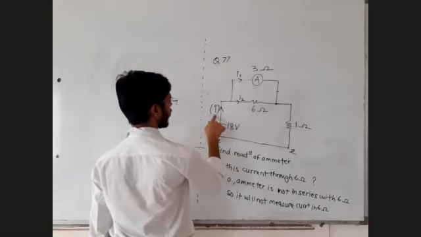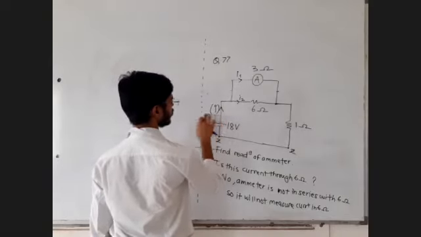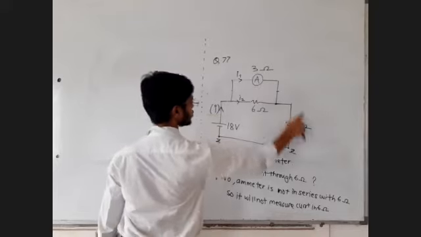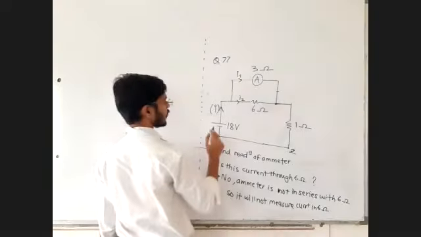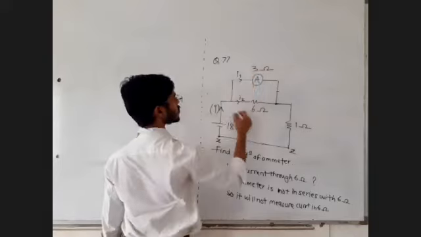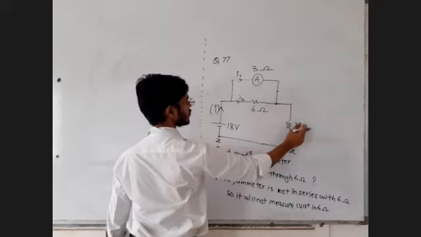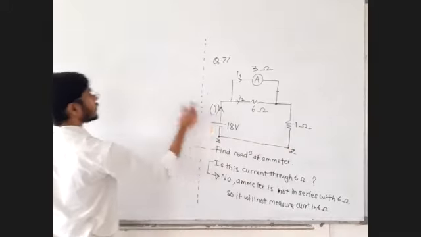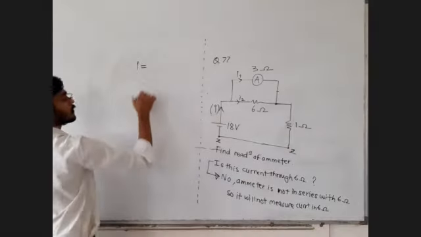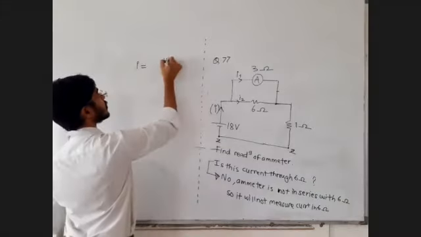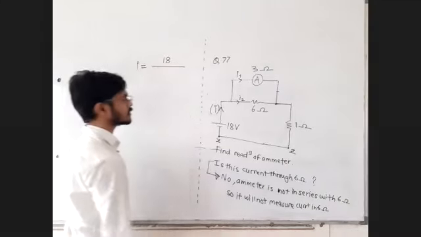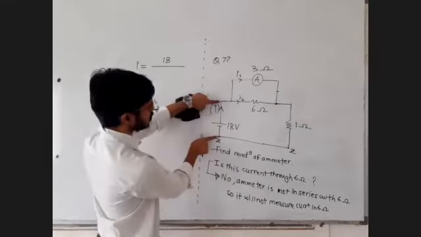To find I, we need the effective resistance experienced by the battery. To find the effective resistance, we need the answer of these two resistances in parallel, and that answer in series with the 1 ohm. So can I write current I is equal to the potential difference of the battery divided by the resistance experienced by the battery between these 2 points.